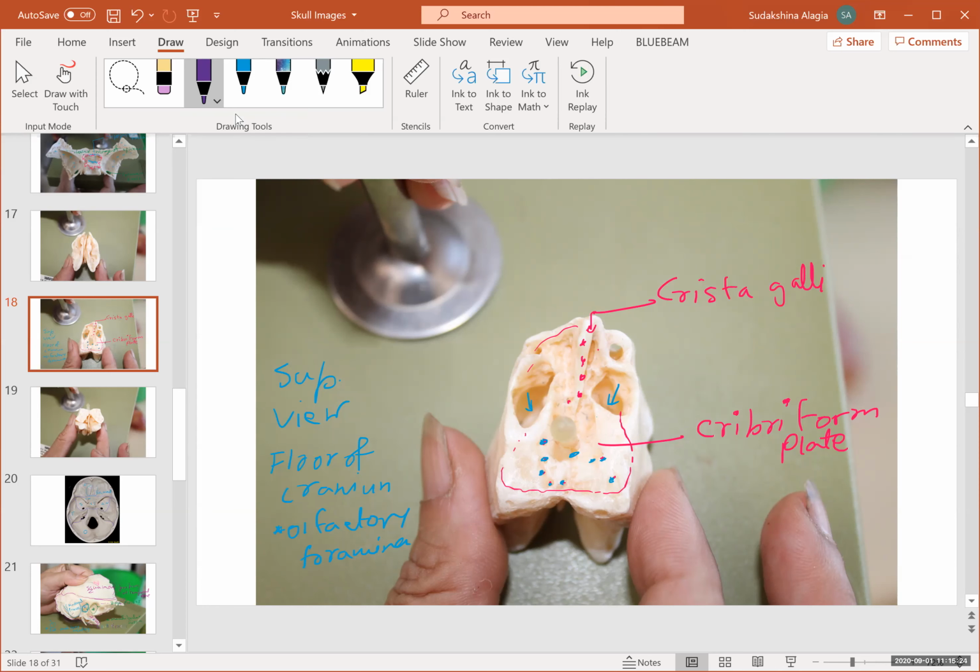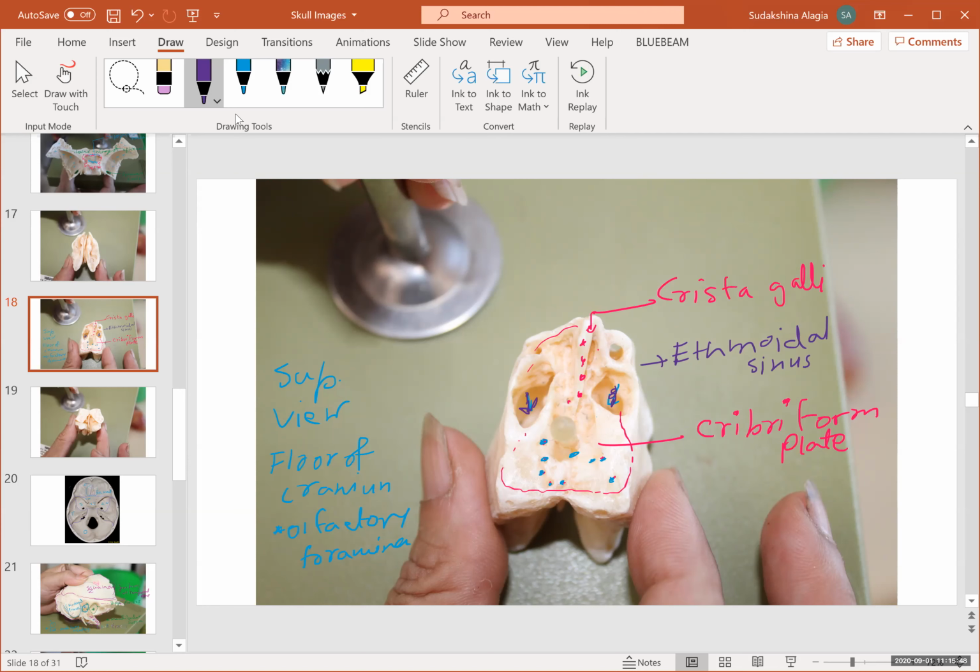Just like for sphenoid bone, we call it sphenoidal sinus. What would we call this? Ethmoidal sinus? Yes. Ethmoidal sinus, the cavity within the ethmoid bone.